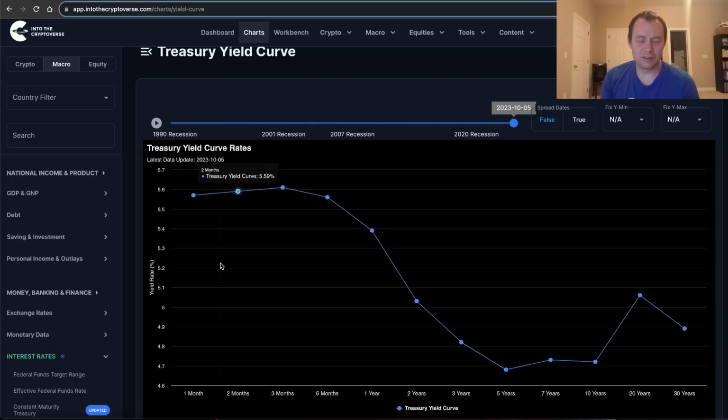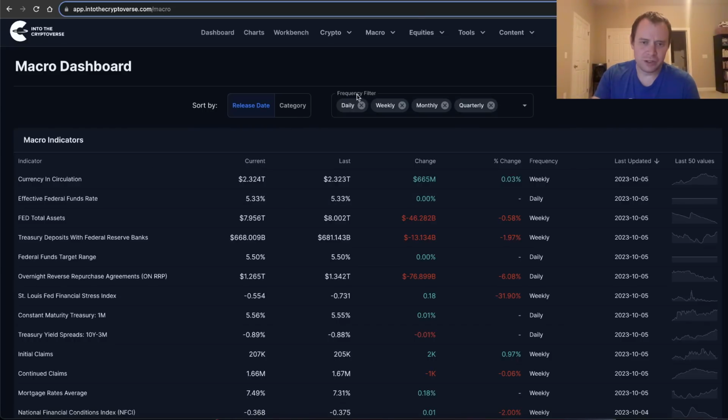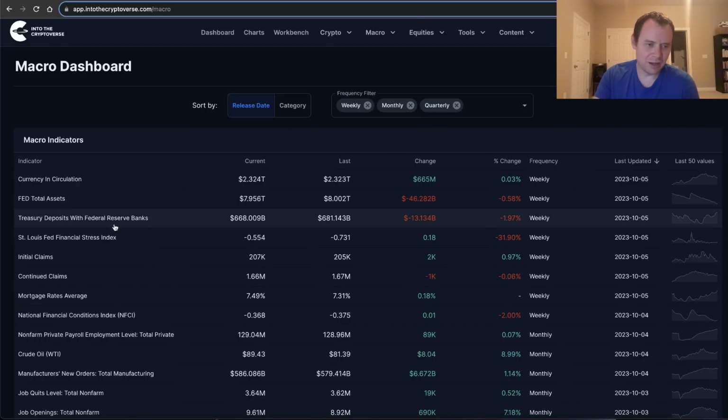I know it's called Into the Cryptoverse, but we actually have a ton of stuff on macro, as you can see. We also have a ton of stuff on equities. And we've recently added a macro dashboard where you can look at when things are updating, sorted by what is the last thing to update. Okay, Fed total assets. We get that every single week.